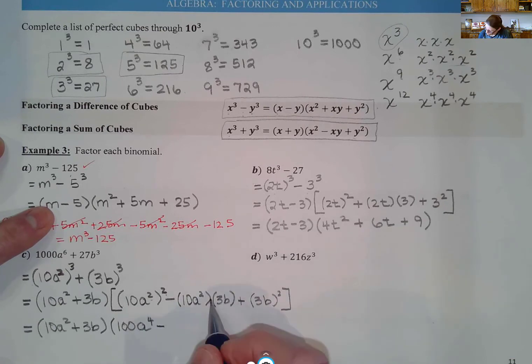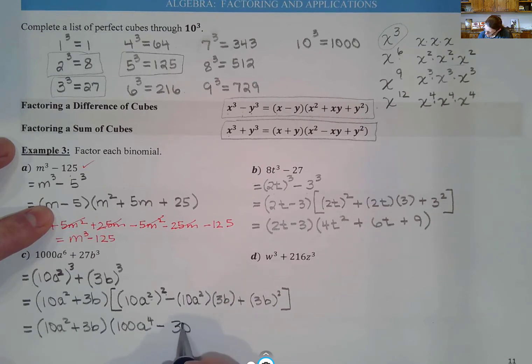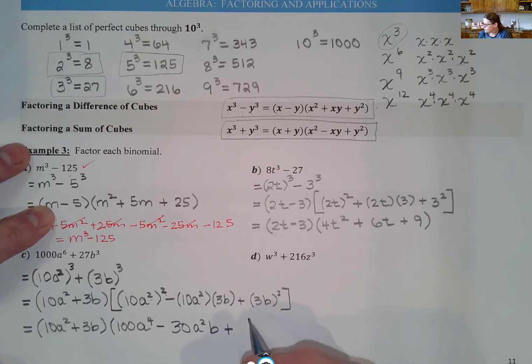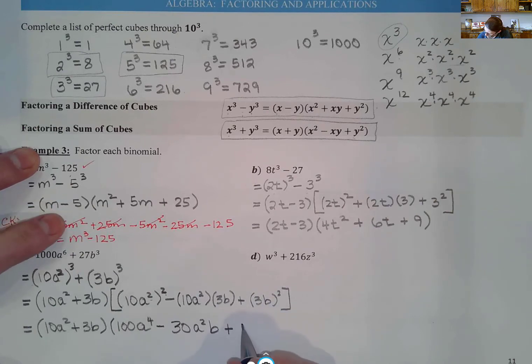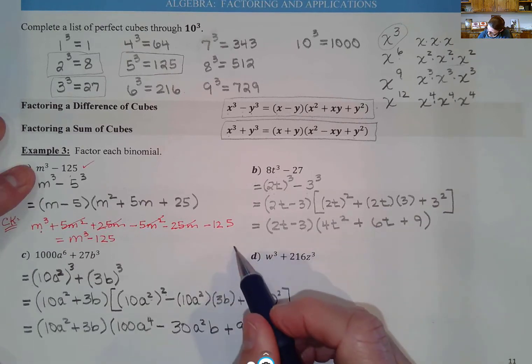Minus, okay, so this is a 3 times 10, that's 30, a squared b, and plus 3b times 3b is 9b squared.